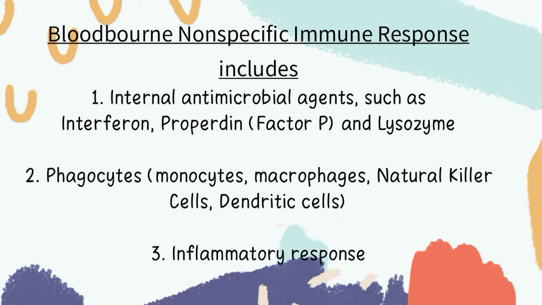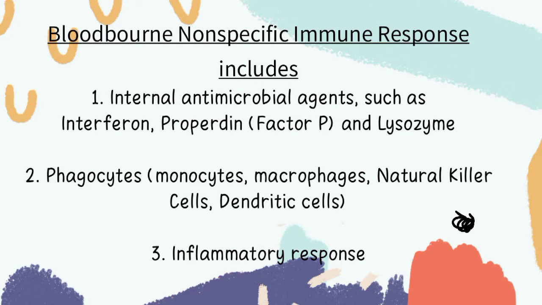Now, the second thing we have is the phagocyte. Phagocytes are cells that have the ability to engulf the dangerous antigen. Let's say for instance, this is a dangerous antigen.